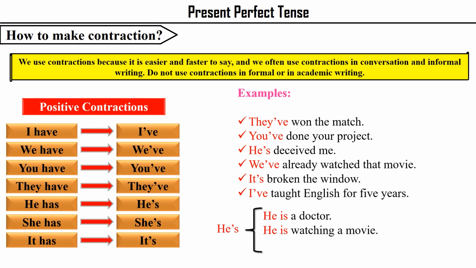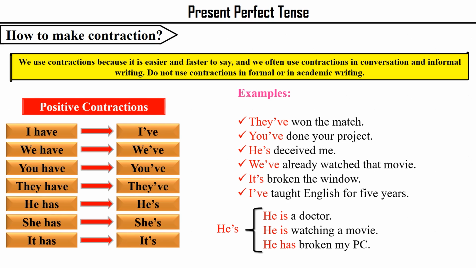It can be the contracted form of he is watching a movie. It becomes he's watching a movie. It can be the contracted form of he has broken my PC. He's can be the contracted form of three different things: he is a doctor, he is watching a movie, he has broken my PC.